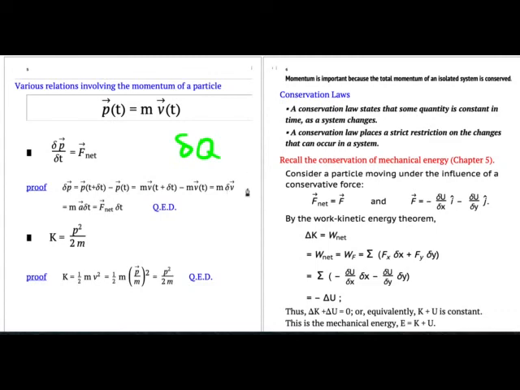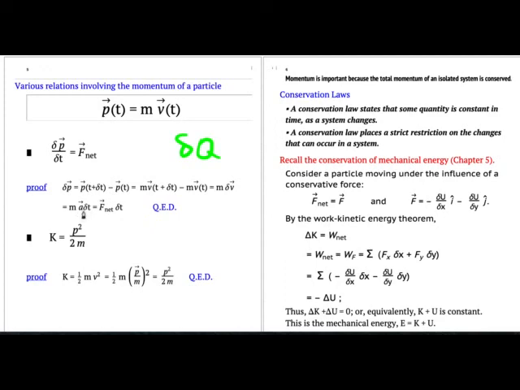This might fail, for example, in the case of a rocket, where the mass is changing. As the rocket is firing, it's expelling hot gases out the back of the rocket. But for particles, delta P is mass times delta V. Delta V is acceleration times time.